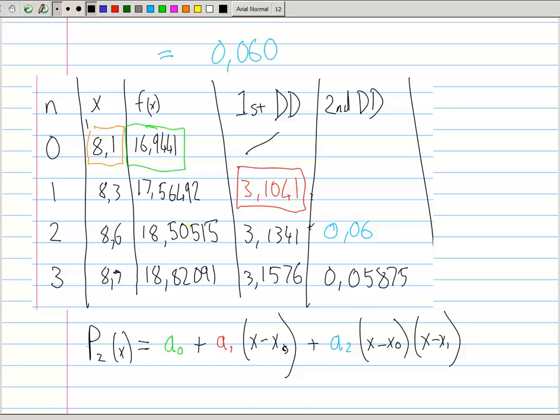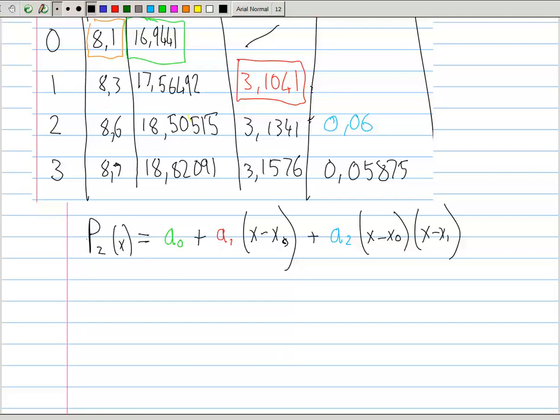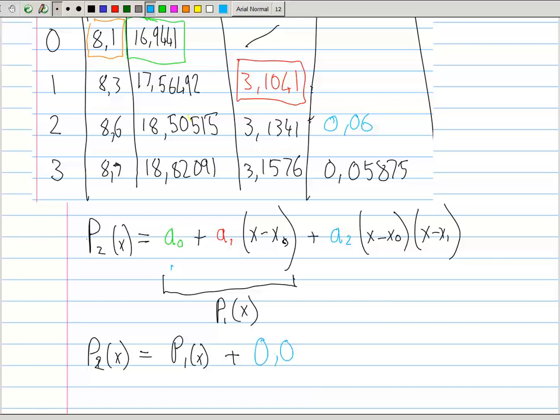So writing that out, something just quickly to notice: this over here is P1 of x. So to make this a little bit shorthand, P2 of x is equal to P1 of x plus 0.06 multiplied by x minus our x0, which is 8.1.